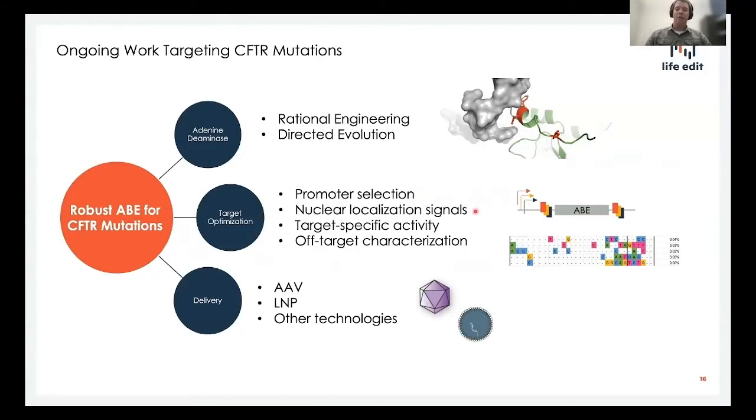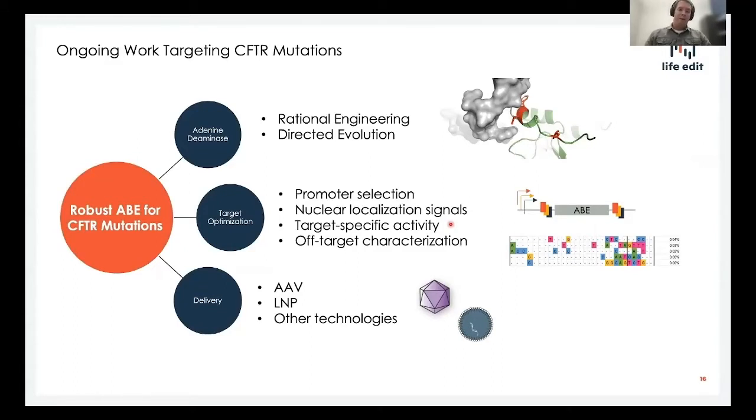We're also trying out different nuclear localization signals. And we're thinking about different ways that we could potentially evolve our adenine deaminases to work well within the specific context of individual CFTR mutations. In addition to that, all along the way, as we identify lead guides, we're continuing to do off-target characterization to ensure that our systems have very good specificity.